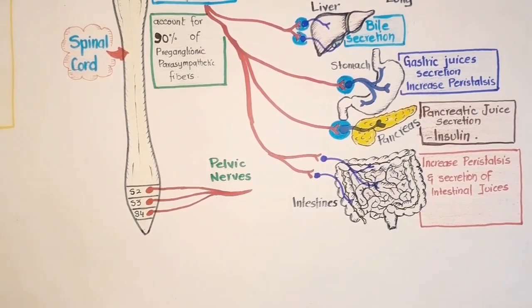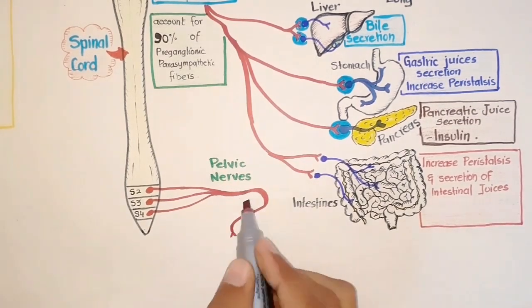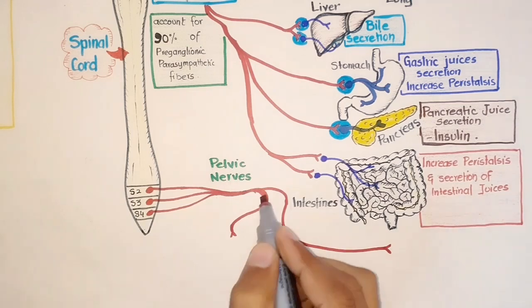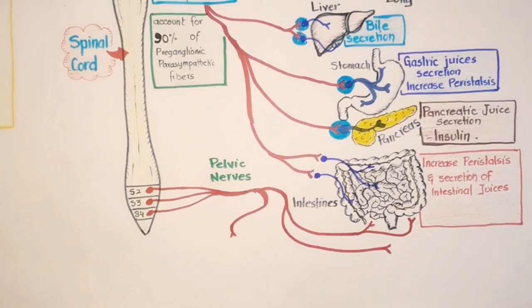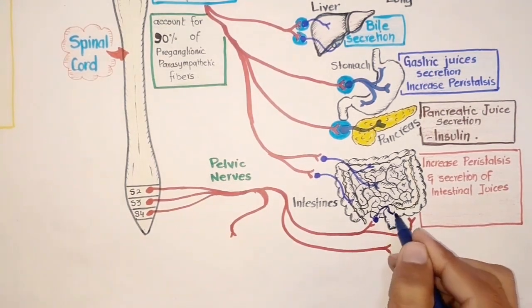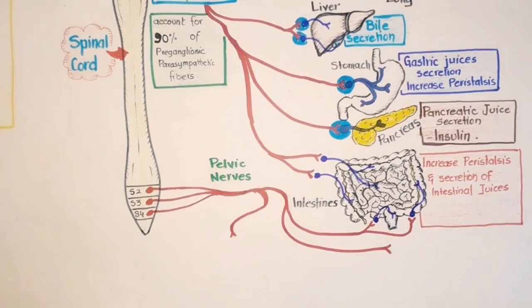These nerves synapse with parasympathetic postganglionic neurons located in terminal ganglia in the smooth muscles forming the walls of the innervated viscera. From the terminal ganglia, parasympathetic postganglionic axons innervate smooth muscle and glands in the wall of the descending colon, which result in secretion of intestinal juices and increased peristalsis, as it happens with the vagus nerve stimulation.